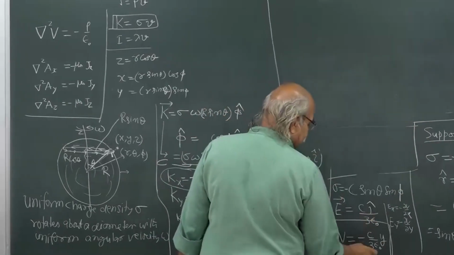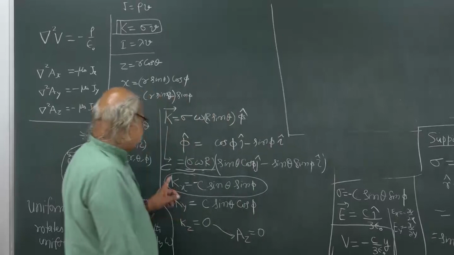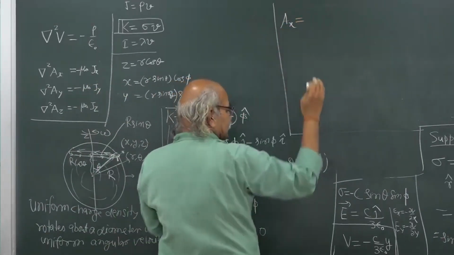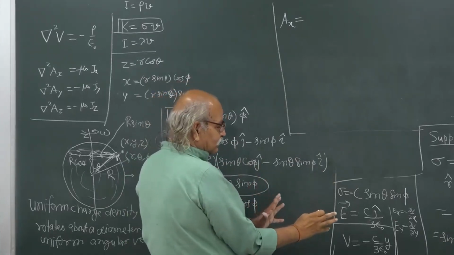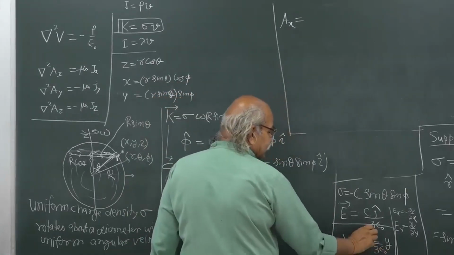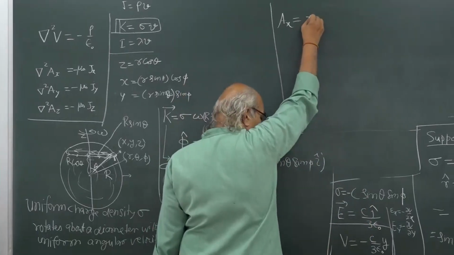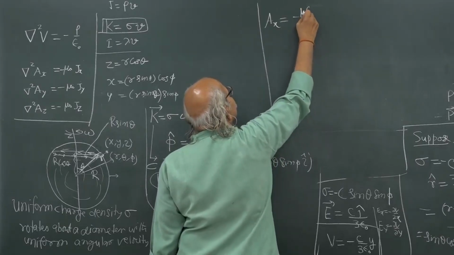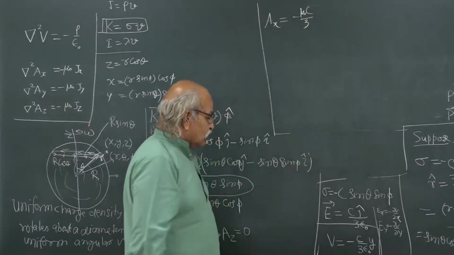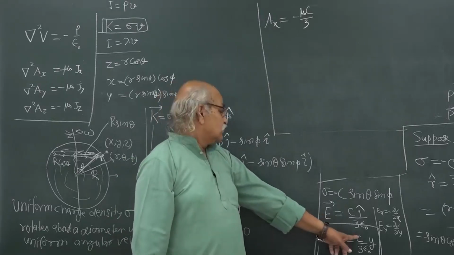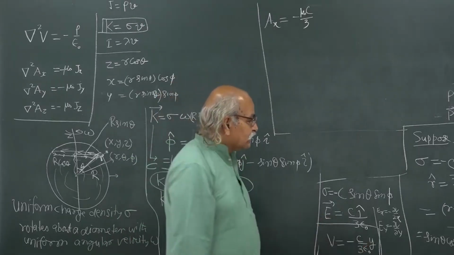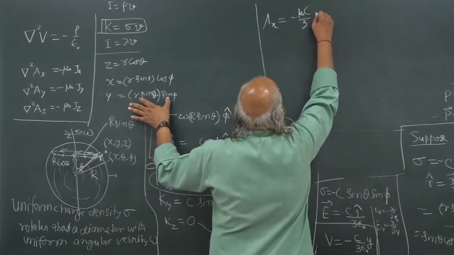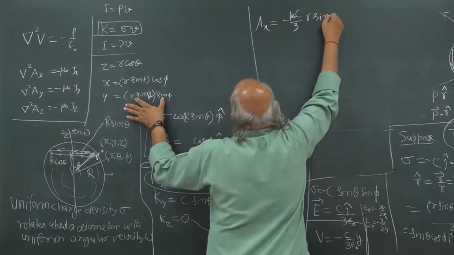I have to only write this as the x component of the vector potential. So, Ax is equal to exactly the same thing, only that 1 by epsilon naught has to be written as mu naught. So, it is now minus C mu naught by 3, y, and how much is y? Y is r sin theta sin phi.